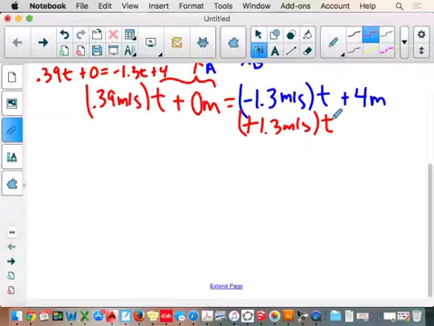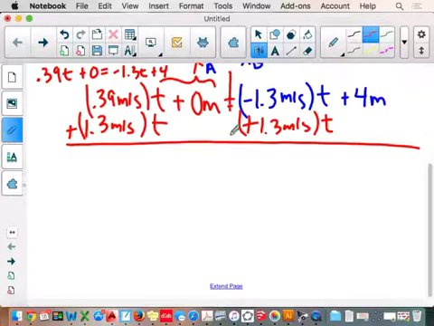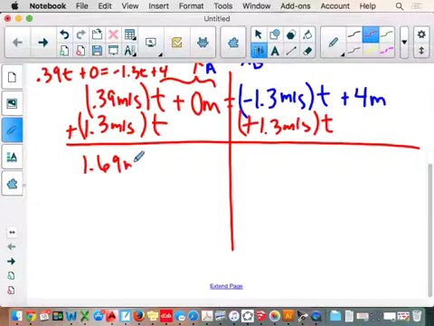That's a term. You have to add the entire term when we're rearranging equations. All right, so if I add that to both sides, we end up with 1.69 meters per second times time plus 0 meters equals 4 meters.